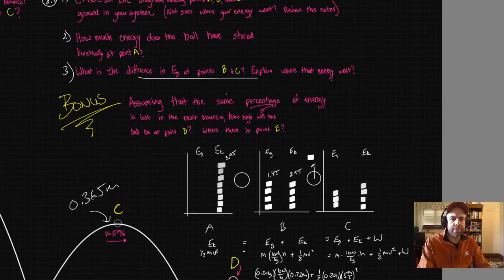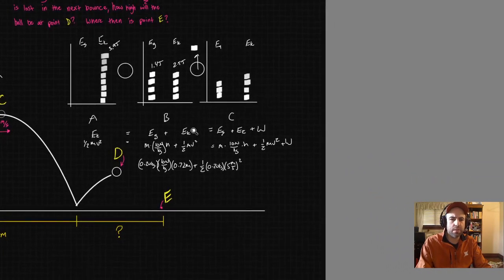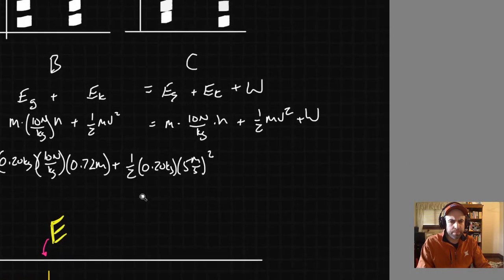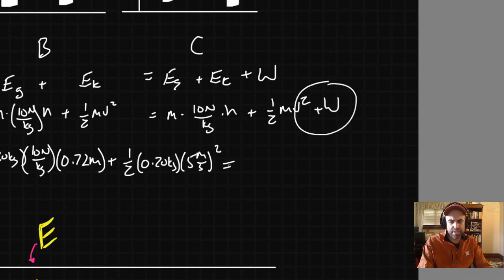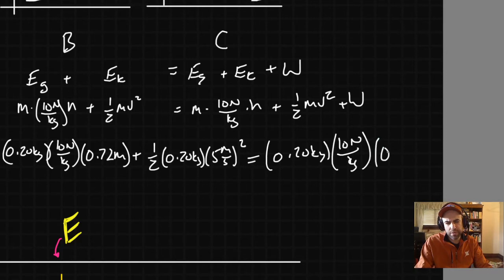So what's the difference in energy at point B and energy at point C? Let's just look down here at the math. The difference is whatever this W is, right? So we're at a different height, 0.20 kilograms times 10 newtons per kilogram, but now we're only at 0.37 meters, plus 1/2 times 0.20 kilograms times 5 meters per second squared.